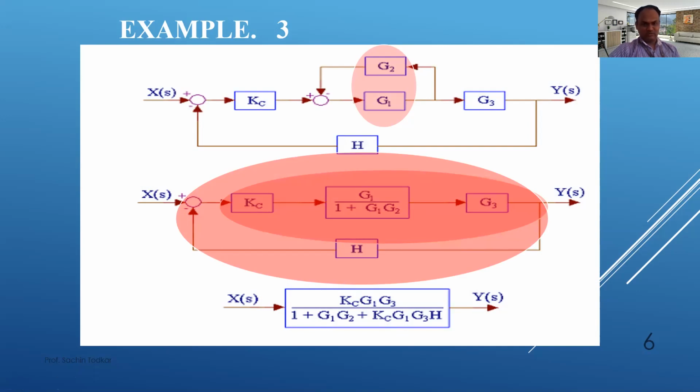If you solve on your own, you will get to know this is a very easy technique. We find the inner loop first, then the outer loop, then the outer loop. That will be your process of solving the numericals.